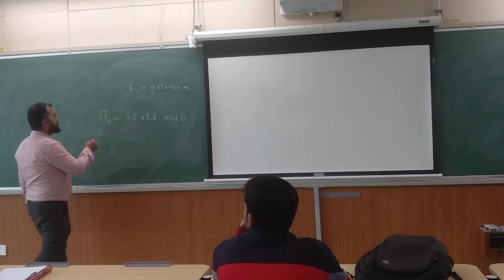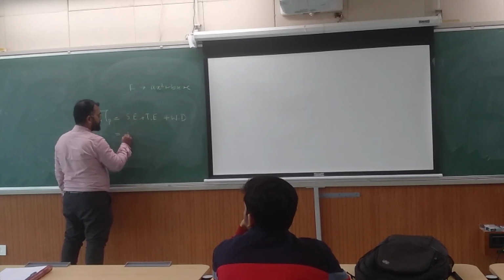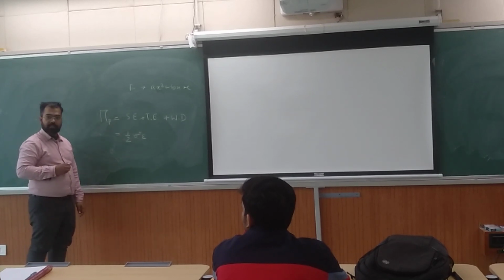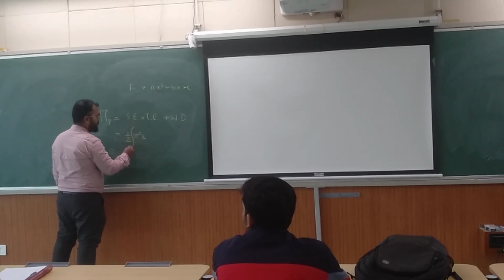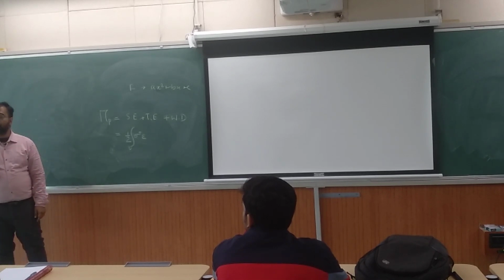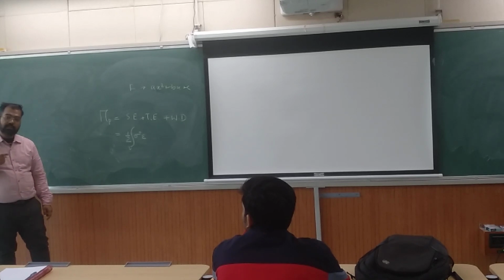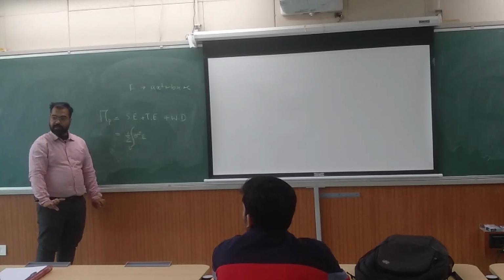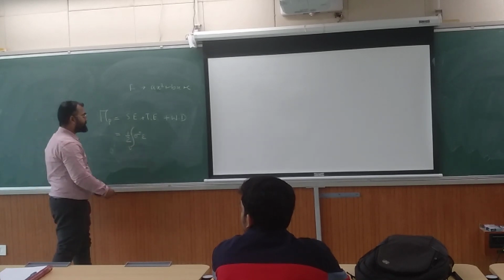So strain energy we can write it as, and then we do the integration in the whole body. If we are taking small elements and calculating strain energy in each element, then we will have to integrate over the whole body. That will be my total strain energy.